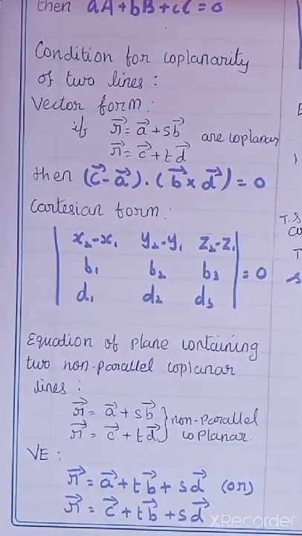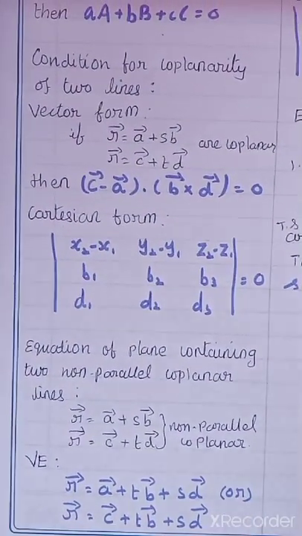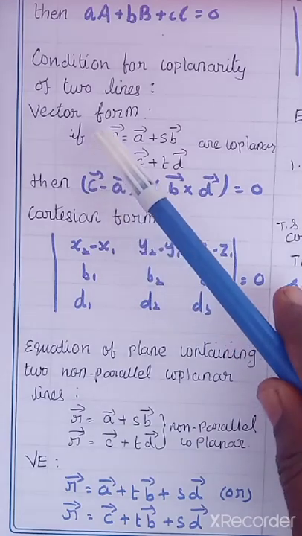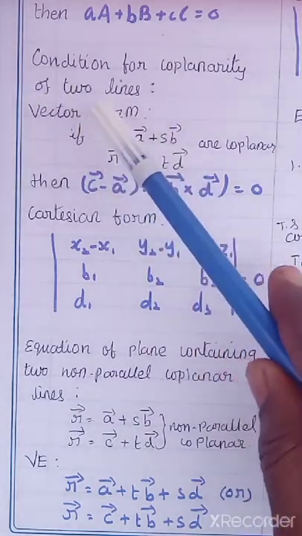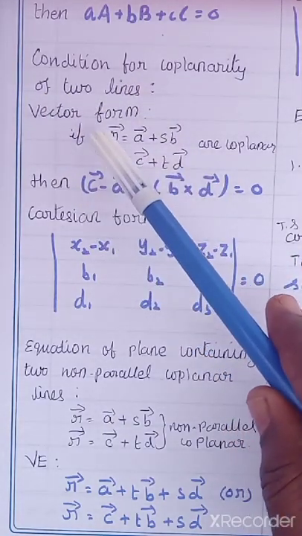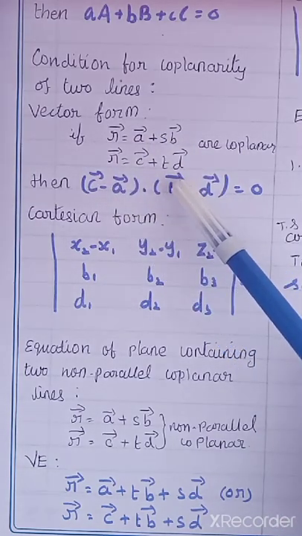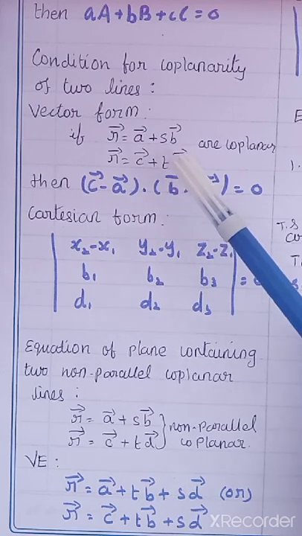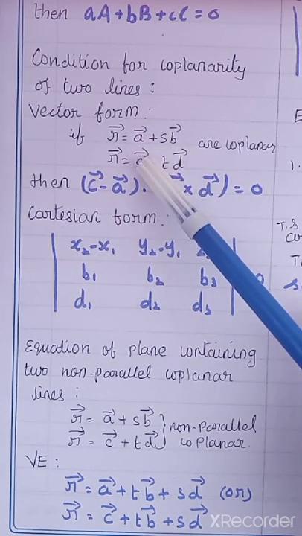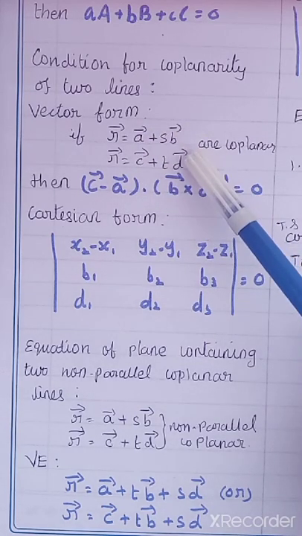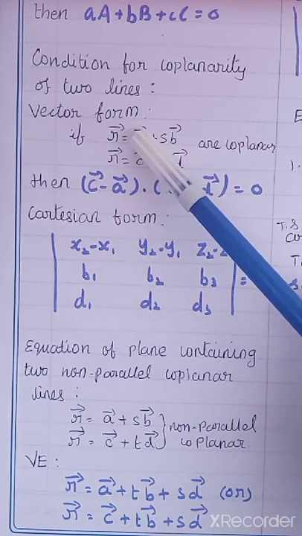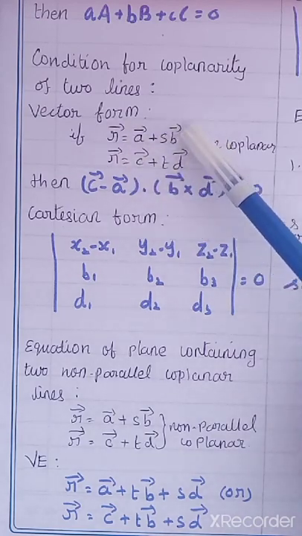Next, the condition for coplanarity of two lines. We are taking two lines: r equal to a plus s b vector, and r equal to c plus t d vector. What are the points A and C, and the vectors B and D? First it is always a point, and second will be a vector, correct?